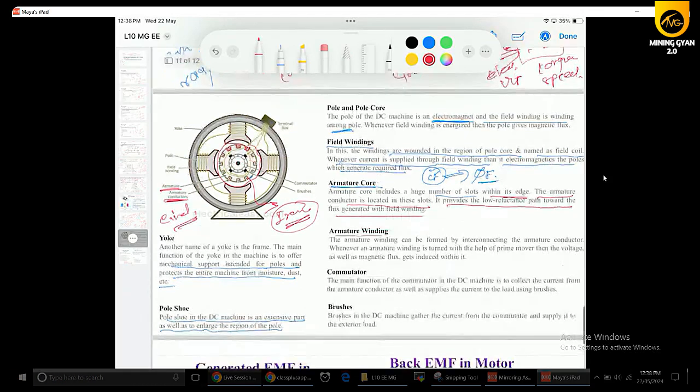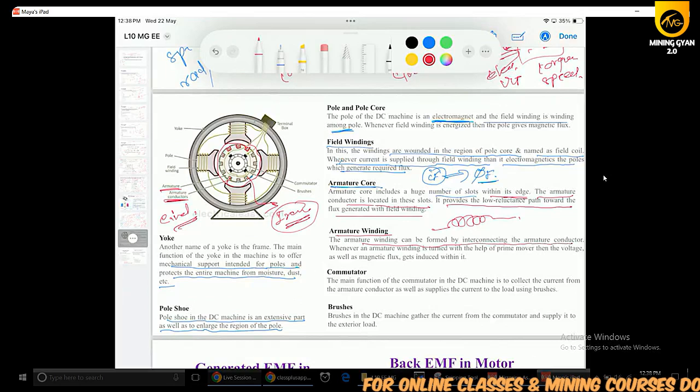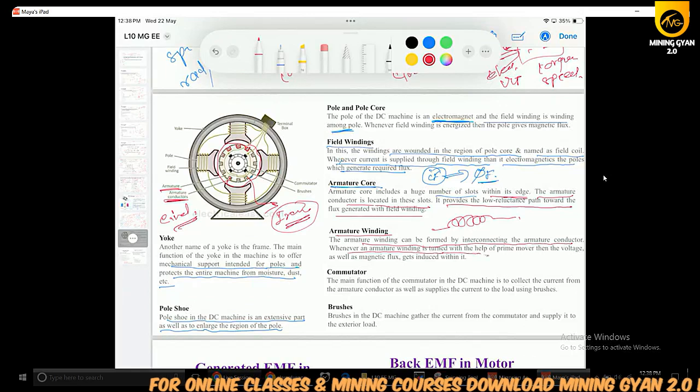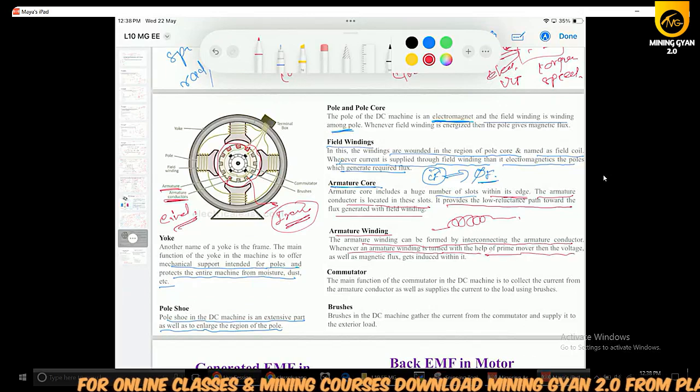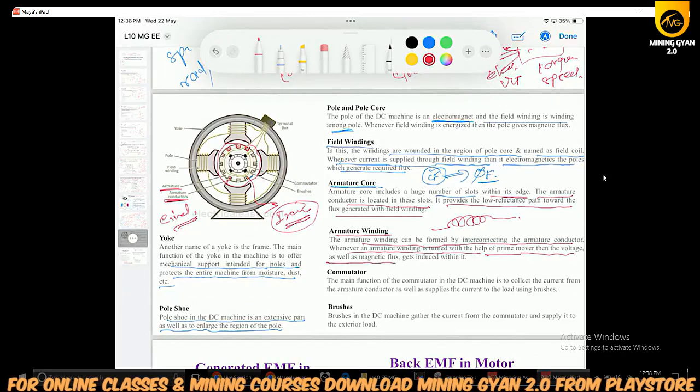Next, what is the armature winding? These conductors will form the armature winding like this. The armature winding can be formed by interconnecting the armature conductors. Whenever the armature winding is turned with the help of a prime mover, voltage gets induced within it.